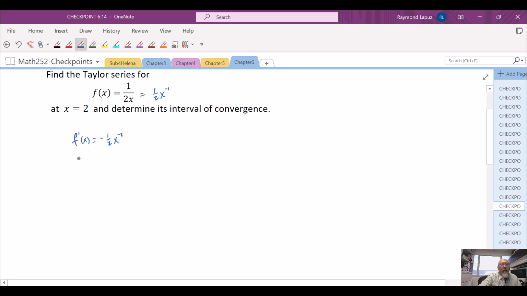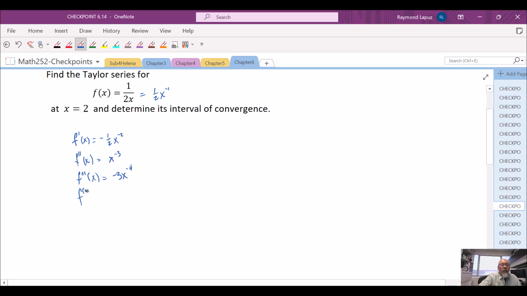And then the second derivative, the 2 and the 1/2 and the negative would all cancel. This would just be x to the negative 3 power. And then the third derivative will be negative 3x to the negative 4 power.